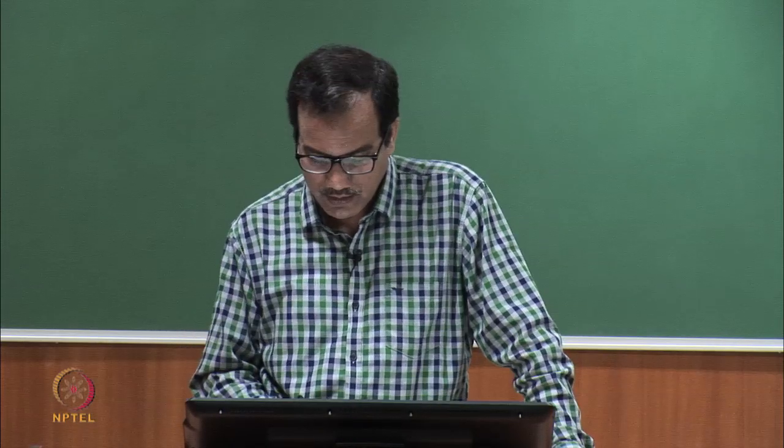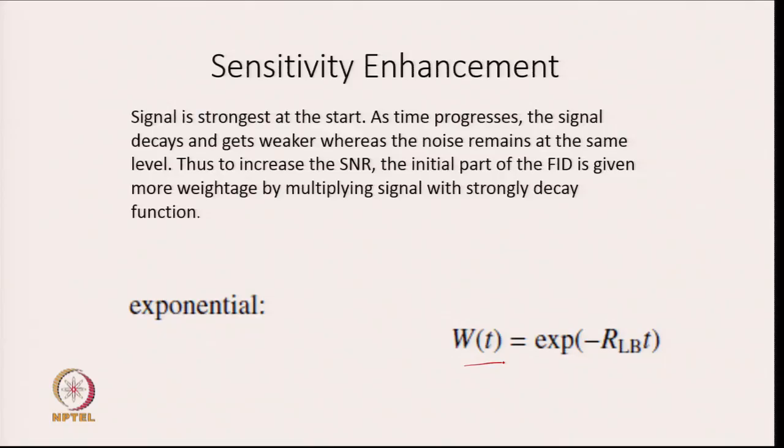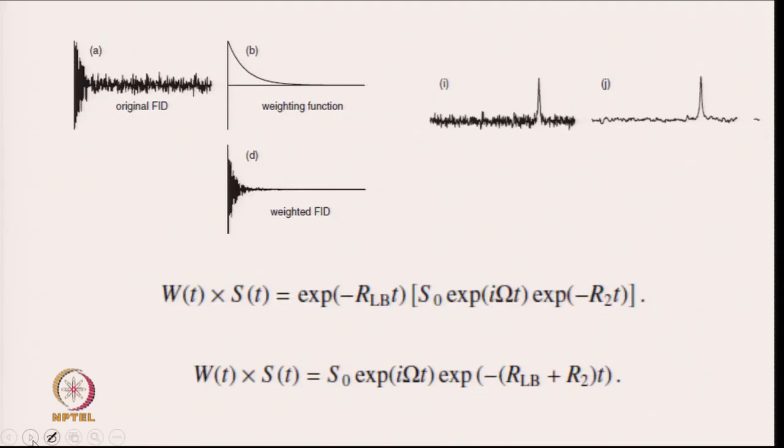One such function is the exponential function, and the window function for that is exponential minus RLB into T. So, when you multiply by this window function, what it does is given in this scheme.